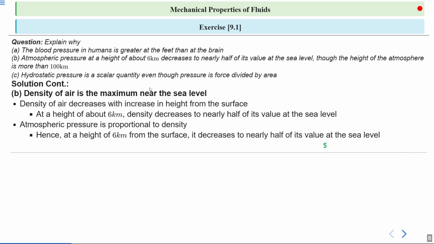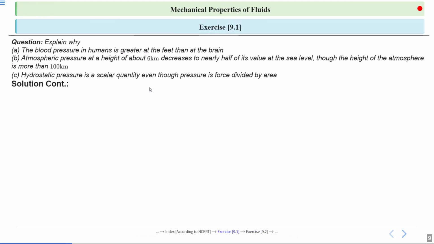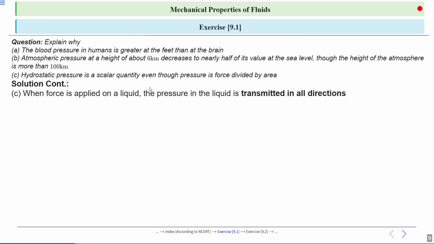All right. Now, let's focus on part C. When force is applied on a liquid, the pressure in the liquid is transmitted in all directions.